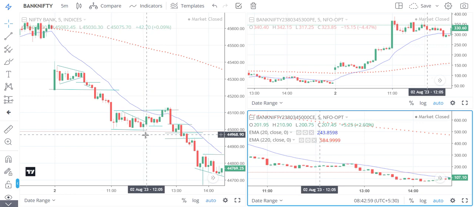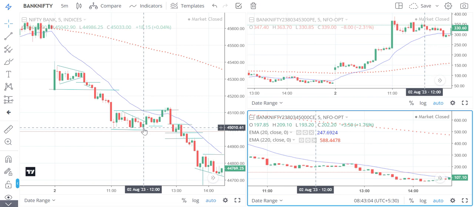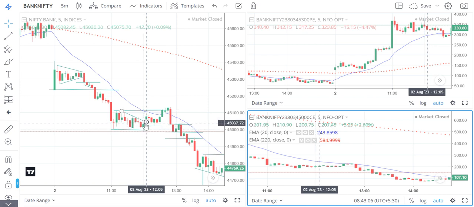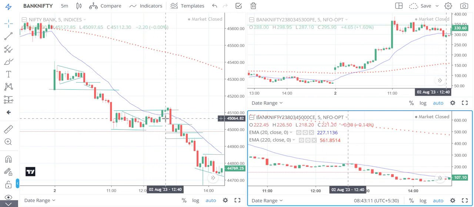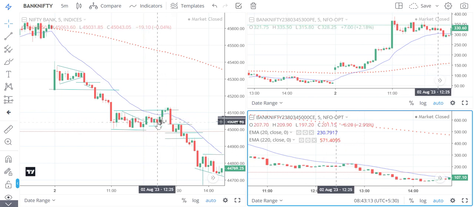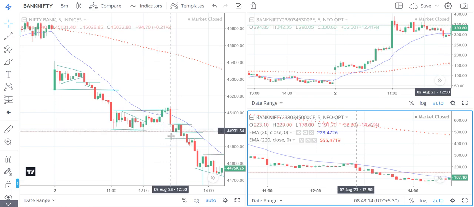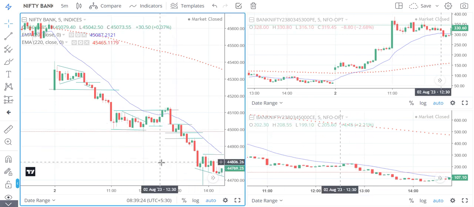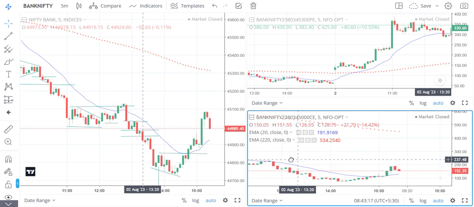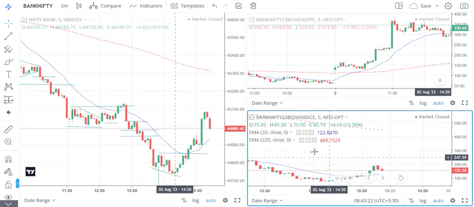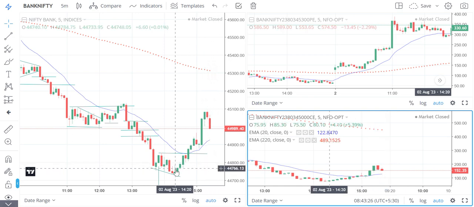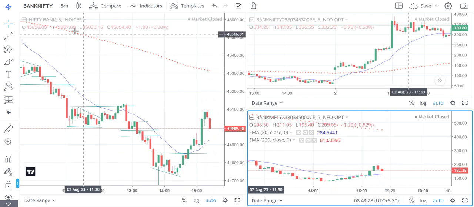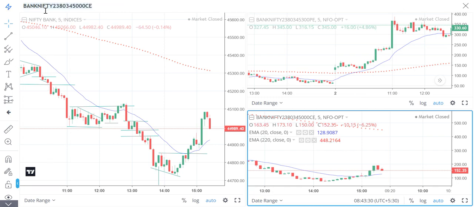See, this is a doji bar, I would not buy here, and even if I buy, then I would exit somewhere down here. There is a bad follow up. Okay, then I'll check 44,700 CE.